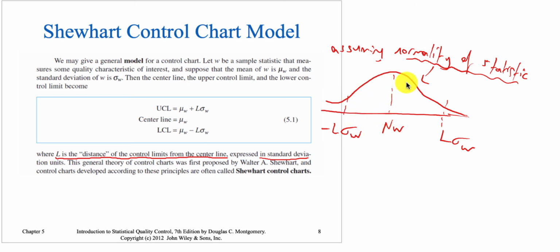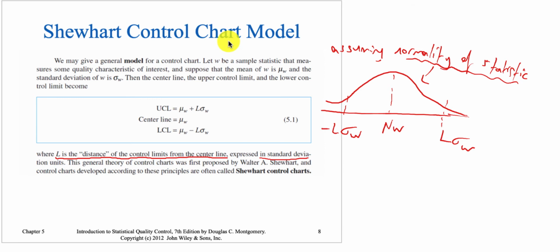We can use the normal distribution to define these limits, and we are assuming that the statistics we have, for example, the average of the samples, are normally distributed, so we can use this kind of limits.